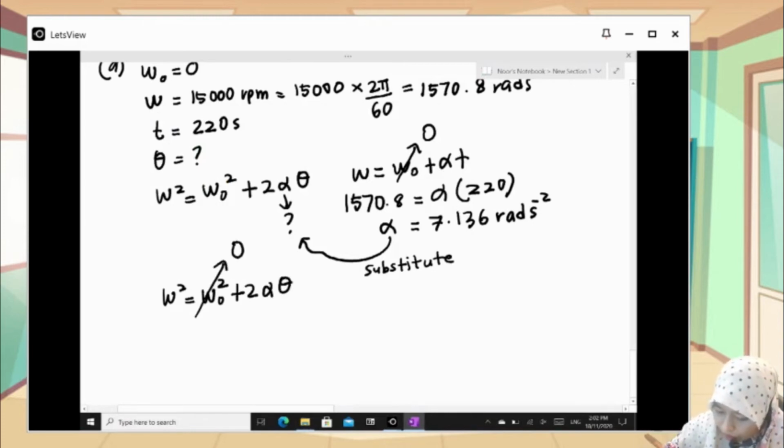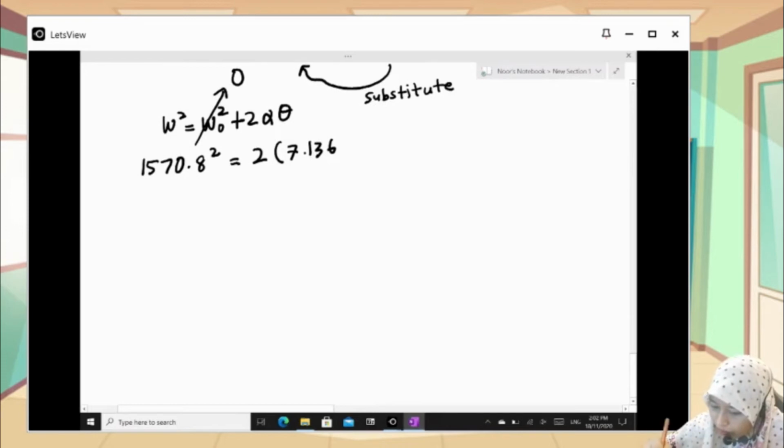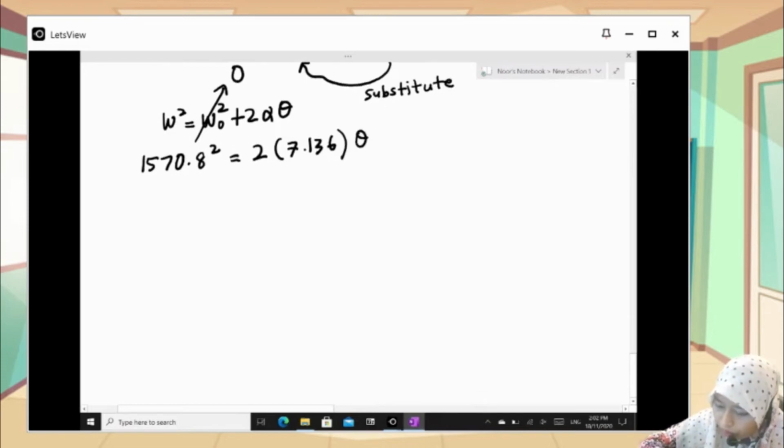Omega naught is equal to 0. Omega is 1570.8 squared, equals 2 times 7.136 times theta.